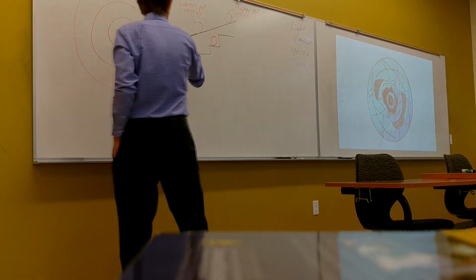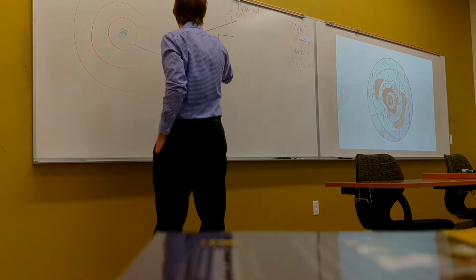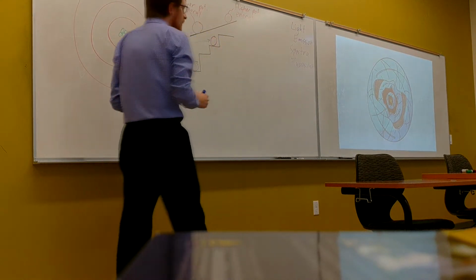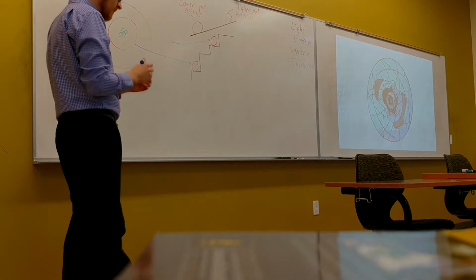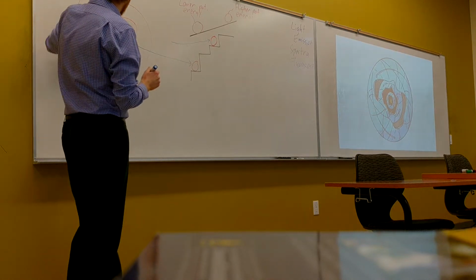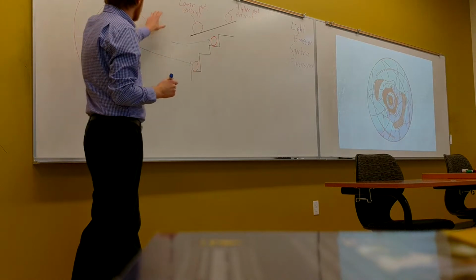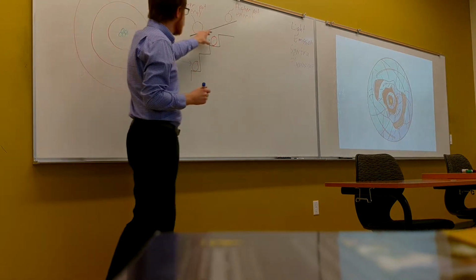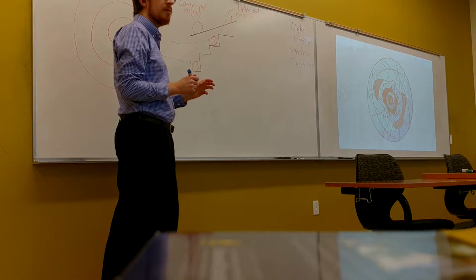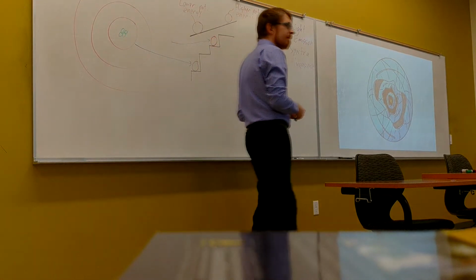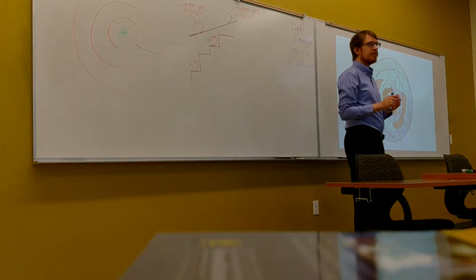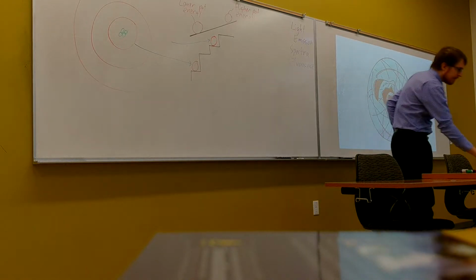Well, another shell might represent a higher stair with a higher potential energy. The electron in this shell would effectively be on that lowest stair, the lowest potential energy. The electron in this shell would be on a higher stair with a higher potential energy. I'm good so far? Okay.